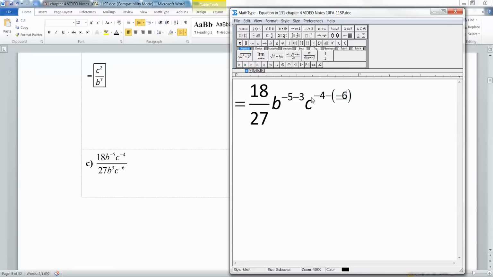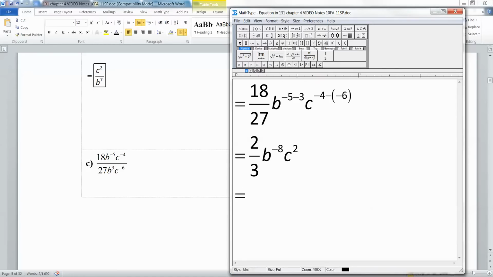Double negative. Now we both know, hopefully, you and me and everybody else watching, that 9 goes into 18 2 times, 9 goes into 27 3 times. There, that's done. B to the negative 8, and then C to the, okay, it's negative 4 plus 6, right? Because it's minus a minus 6. And negative 4 plus 6 is 2.